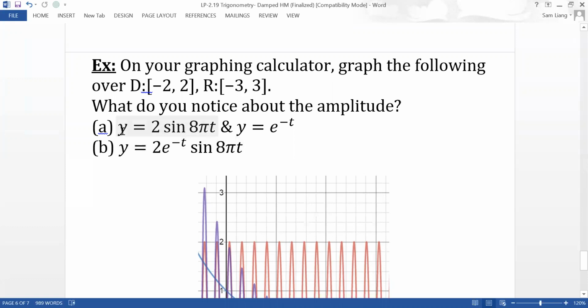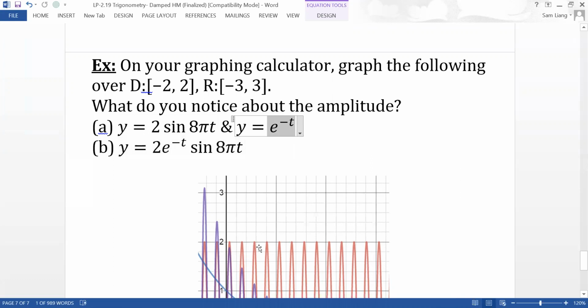In part A, I would first want you to graph just 2 sine 8 pi t and e to the negative t. And then part B is the damped harmonic motion formula, 2 times e to the negative t sine 8 pi t. As you notice, this is the product of this sine function and this exponential decay function. So if you multiply this and this, you get part B.